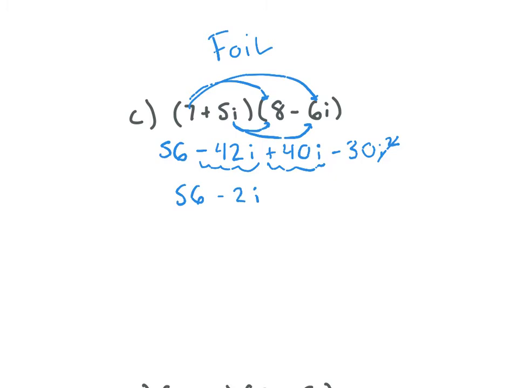Negative 1. Remember, anytime you see an i squared, we change it to negative 1. So then what's negative 1 times negative 30? Positive 30, so plus 30. Now we have 2 more like terms to combine. So 56 plus 30 is 86 minus 2i.